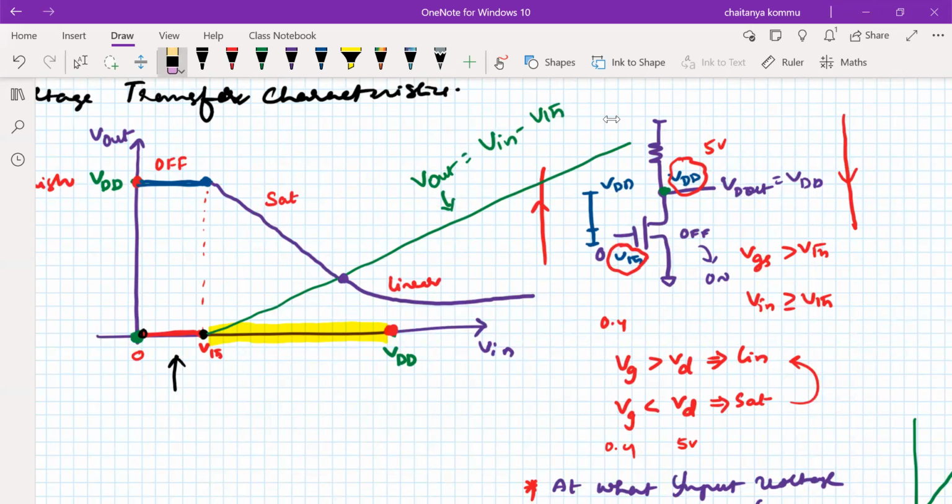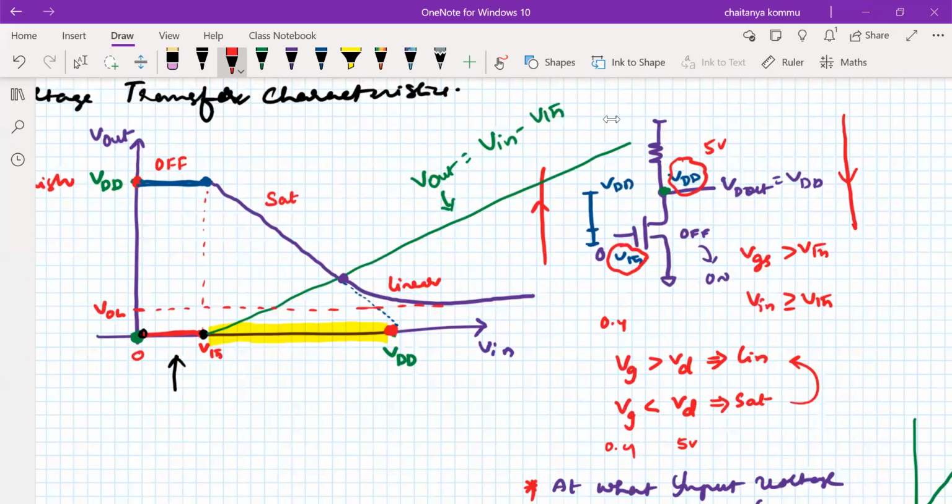We are expecting that this is how it should be. So it has to go to ground, go to 0. But the output is not going to 0. Output not equal to 0 is observed. So this voltage we can call it as VOL, the output low value.